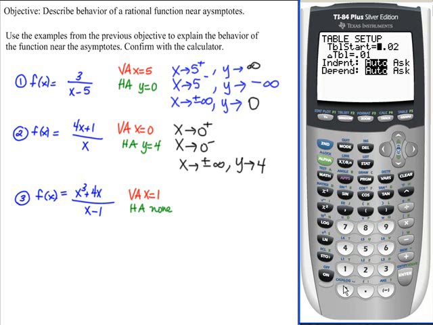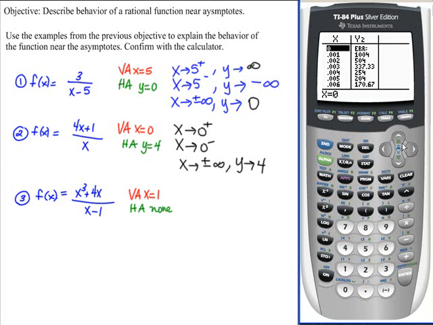Let's count by 0.001, and you can see it a little bit better. The y values are getting larger and larger and larger on the right side of 0. They're getting smaller and smaller and smaller on the left side of 0.